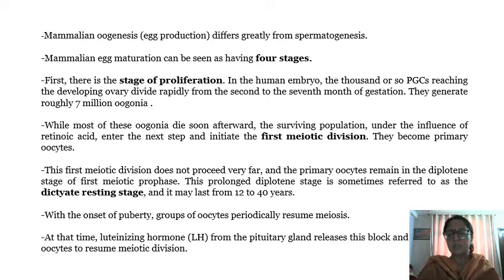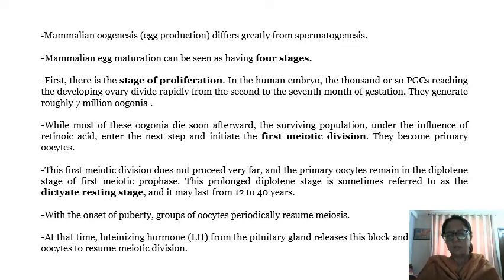Now the thing is, at birth, all the oocytes present inside the ovary are arrested at the diplotene stage of first meiotic prophase, and they will develop further only when the individual reaches puberty.